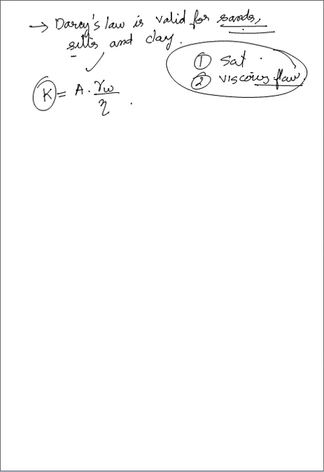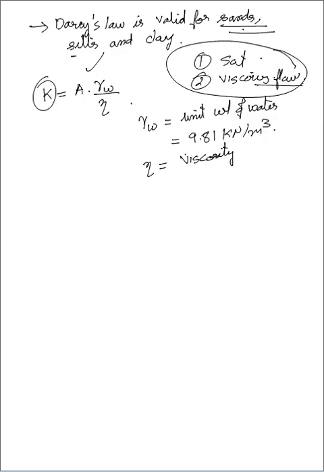Gamma W is your unit weight of water, which we all know is 9.81 kilonewton per meter cube, and eta is your viscosity. Mostly it is dynamic viscosity only, in Newton second per meter square.